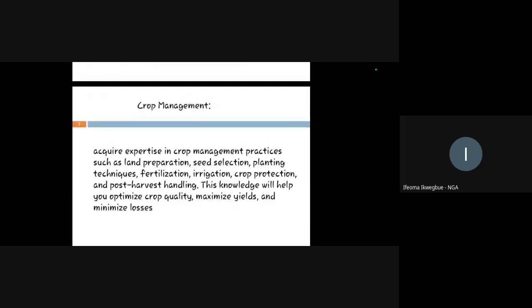The assistance they will be able to give you involves planting techniques, your fertilization rate, your irrigation rate, your crop protection, and post-harvest handling.